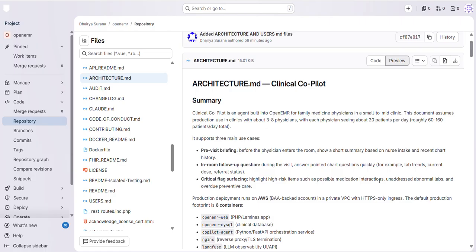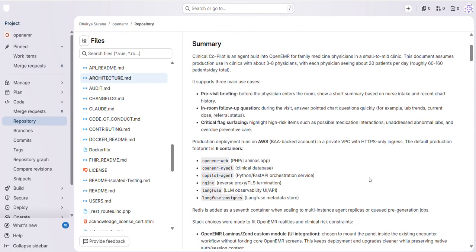The second design decision I made was to run the AI orchestration in a separate service. So here you can see that the plan is to deploy everything in 6 containers. When I tried deploying the OpenEMR application locally, I noticed there were about 5 containers, and because we're going to be adding an agentic layer to this, that AI agent will be in a separate container.